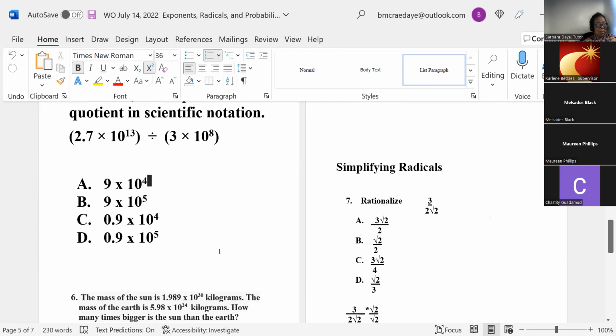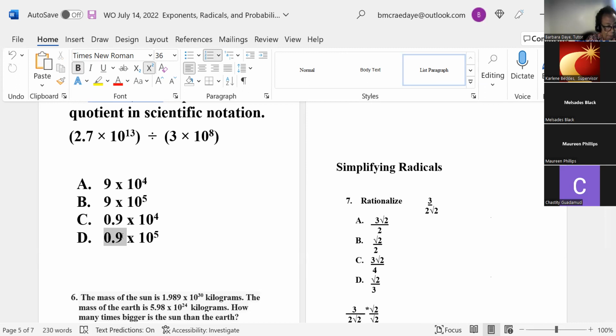So 0.9, you said 0.9, Mercedes, but 0.9 times 10 to the 5th translates to what? Okay, 9 times 10 to the 5th. No, 0.9, because that's what you got.